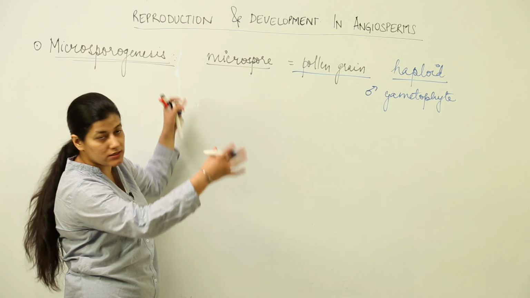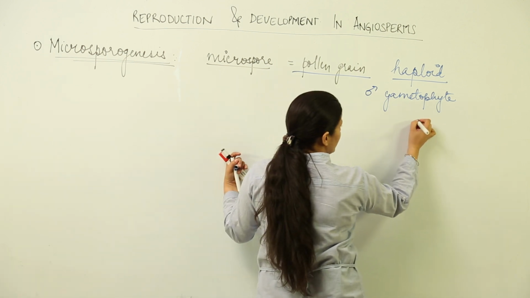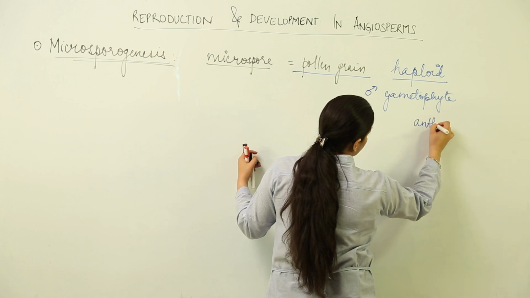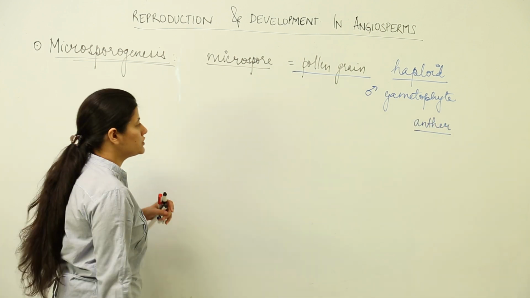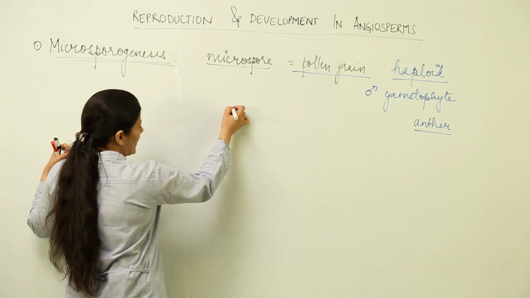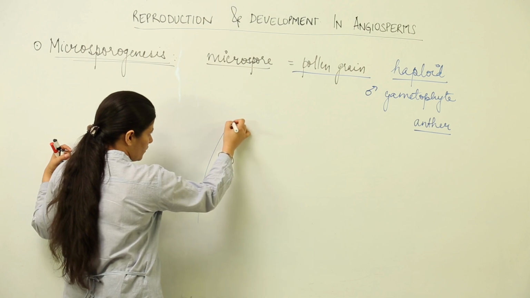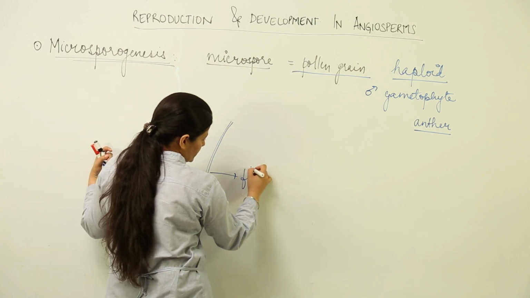Now, how is this formation taking place? Where is this formation taking place? This takes place inside the anther. Now, if you remember, when we saw the typical structure of a flower, we saw that anther is something like this. The male part of the flower is a filament and anther. This was it.